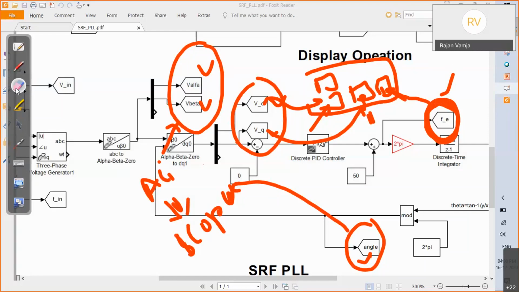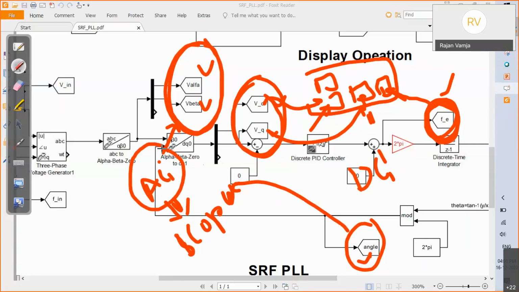Of the grid. So these three, VD, VQ, and FE, are DC quantities, using LCD. So we will utilize the LCD to observe this. Beta are the AC quantities.